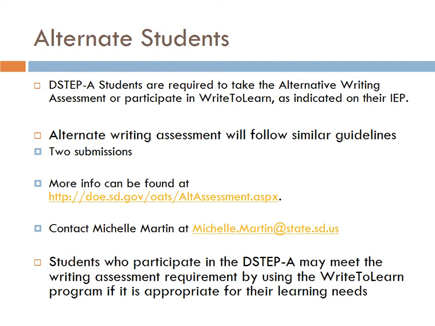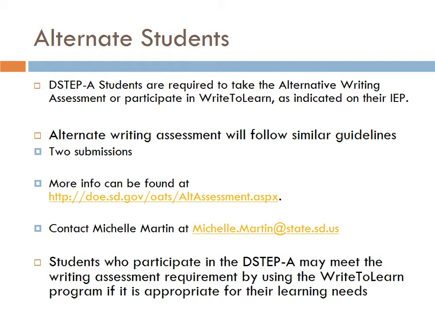All right, and alternate students. D-Step A students are required to take the alternate writing assessment or participate in Right to Learn as indicated on their IEP. So whatever it says on their IEP, that's what you follow. And the alternate writing assessment will follow similar guidelines. It's also 2 submissions. And if you want more information, you go to doe.sd.gov, and you can search for alt assessment there.